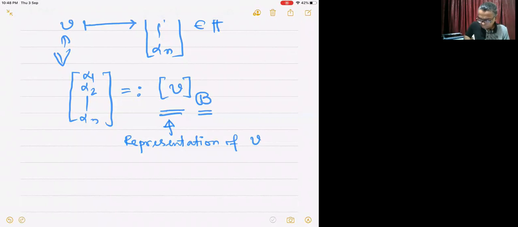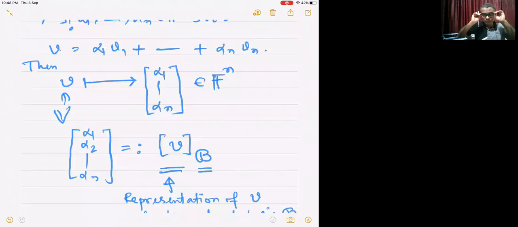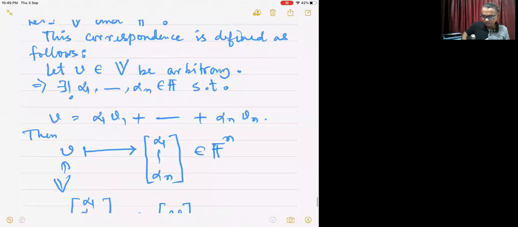I said one-to-one correspondence. That should be clear. That means that for every v, there is one and only one such representation of v under the ordered basis B. That is one-to-one correspondence.